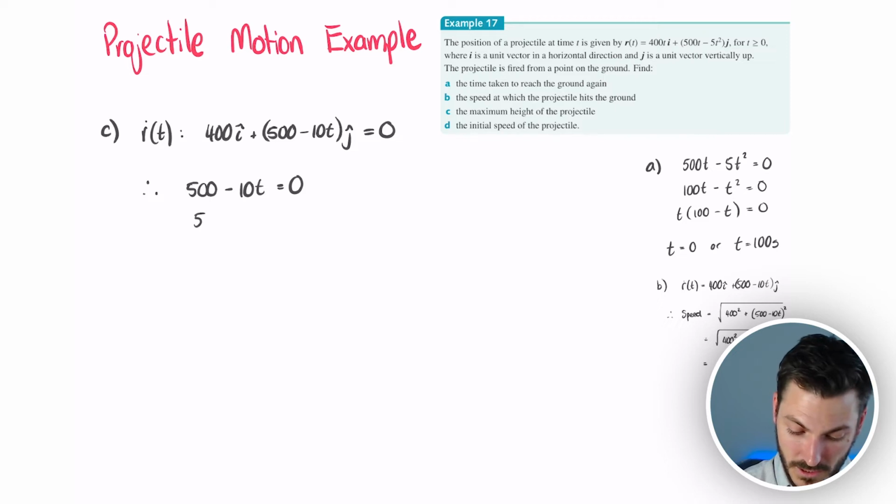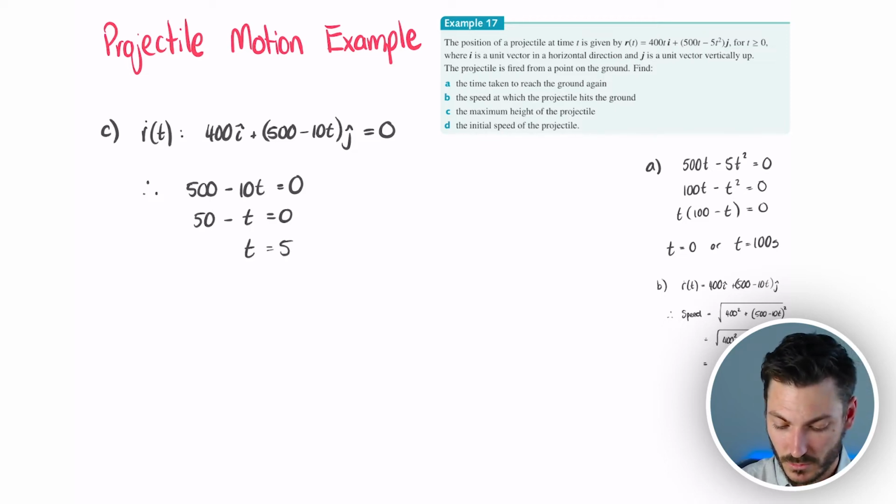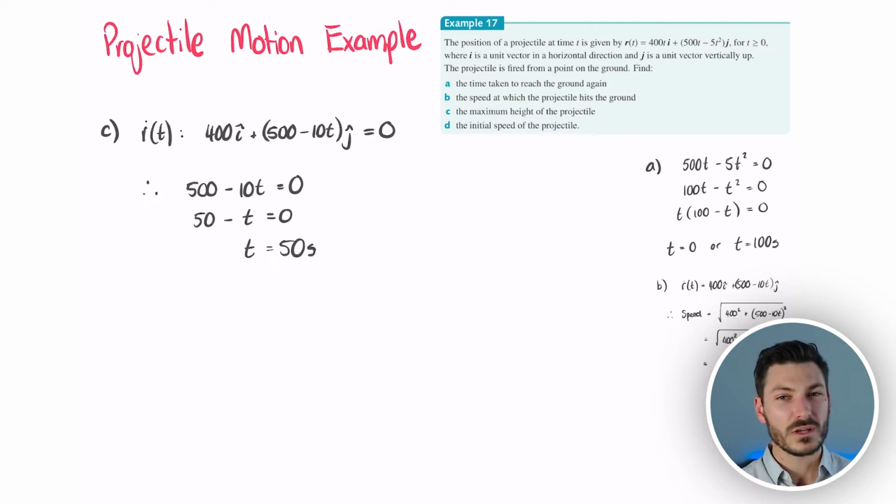Divide everything by 10: 50 minus t equals 0. t must equal 50 seconds, which should make a lot of sense. We can verify that answer because it's fired from the ground and hits the ground again at 100. Because it's parabolic in nature, it should be symmetrical, and halfway between 0 and 100 is 50. So the maximum height should be when t equals 50.